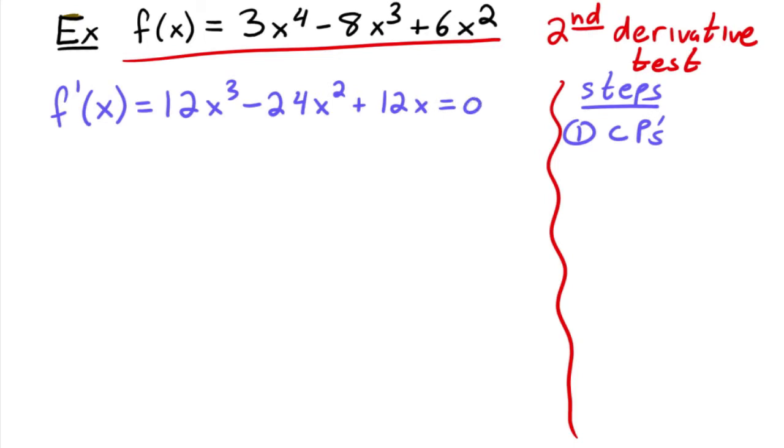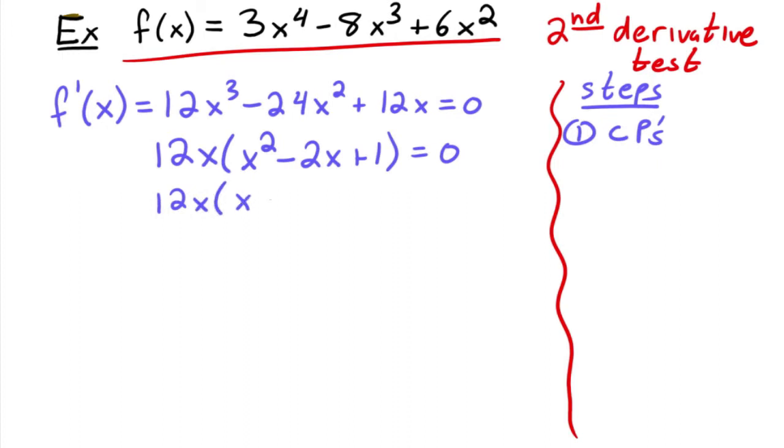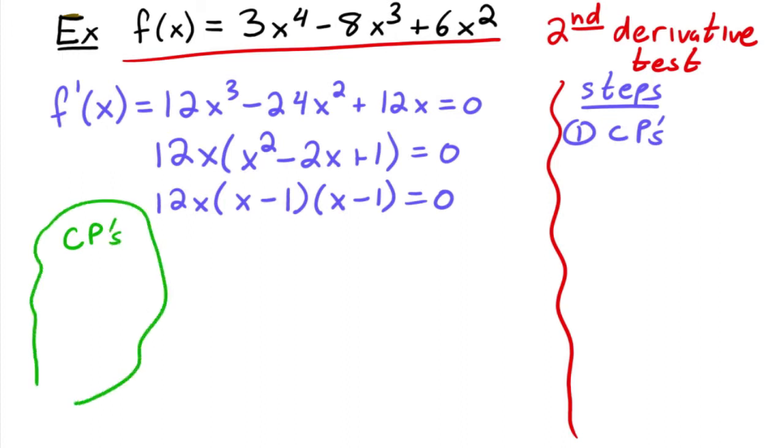Okay, so we set this equal to 0, and we solve it. We'll factor out a 12x, and that'll leave us with x squared minus 2x plus 1 is equal to 0. And we can factor this one more time into x minus 1 times x minus 1 equals 0. So then what we have for our critical points is x equals 0, and then x equals 1.